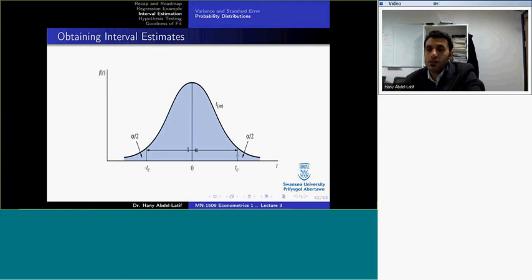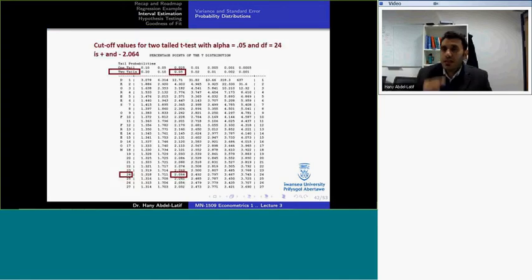This point is the lower bound and this is the upper bound. At the 5% significance level, the area between them means there is a 95% probability, or we are 95% confident, that the true value of beta lies within this interval, between these two values.